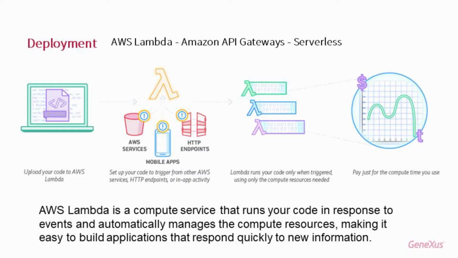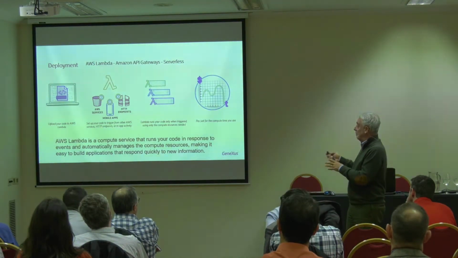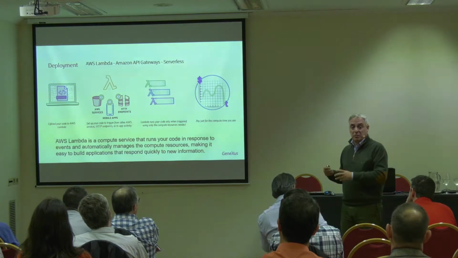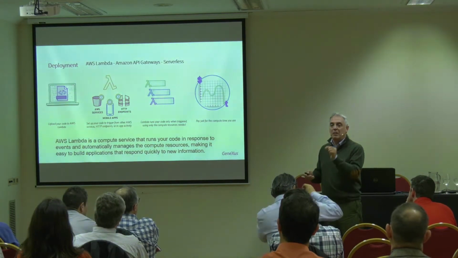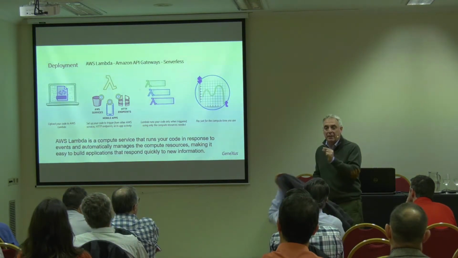Another important thing is that we're only going to be charged for what we use, instead of being charged for the server. When you install a server platform service and put all the apps on it, we are charged a fixed amount to have all that available. In this case, the server will be provided by Amazon Web Services. We are consuming services and will only be charged every time we use the service.